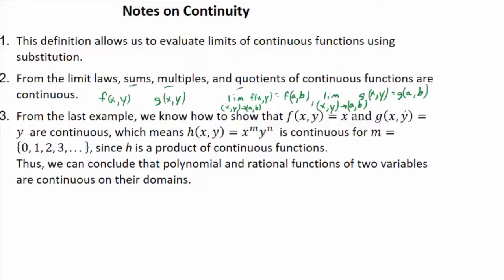So the limit laws say, well, what if we take the limit of f of x,y plus g of x,y as (x,y) approaches (a,b)?